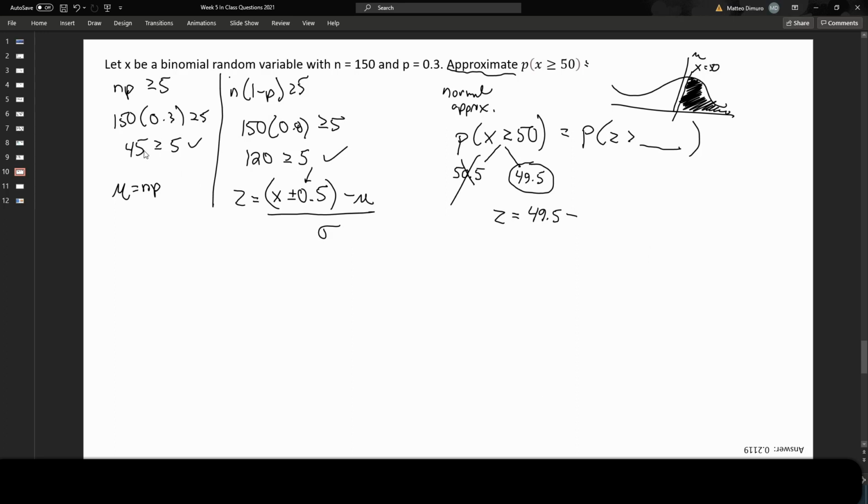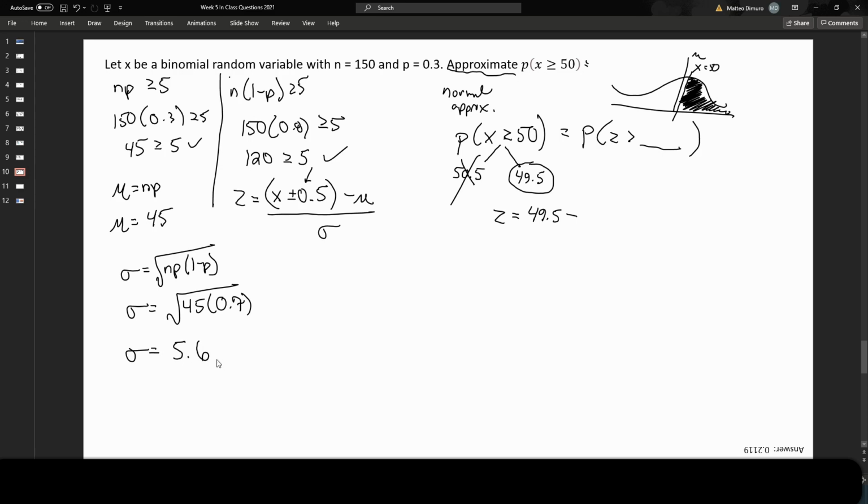So we need to find those things. n times p is 45, and 1 minus p is 0.7, and we're going to take the square root of all that. So 45 times 0.7 gets 5.6.